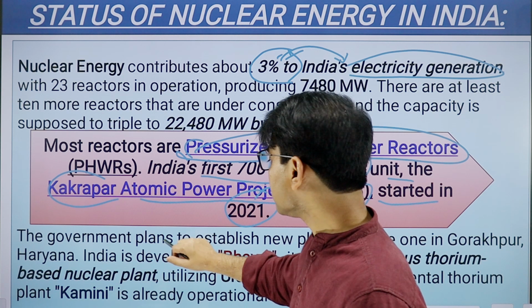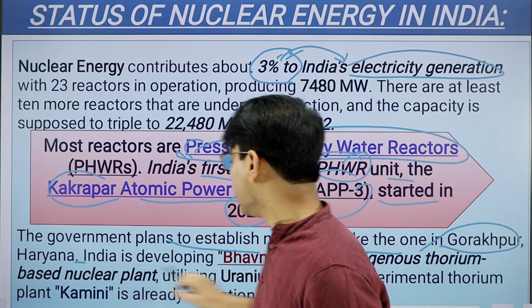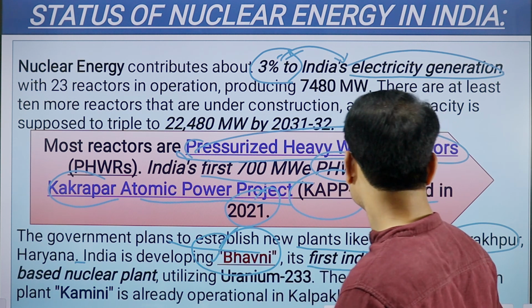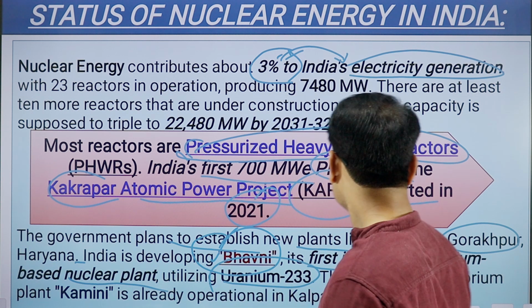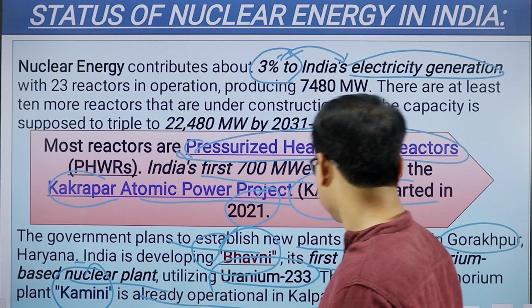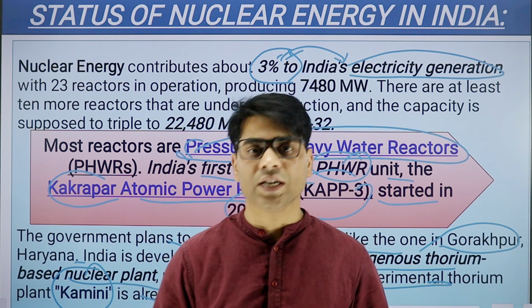At the same time, the government has also planned to establish new plants in Gorakhpur, Haryana. We have a very special reactor, Bhavini, India's first indigenous thorium-based nuclear plant utilizing uranium-233. The experimental thorium reactor Kamini is already operational at Kalpakkam. That's very good news and a very good development when it comes to nuclear technology in India, right?